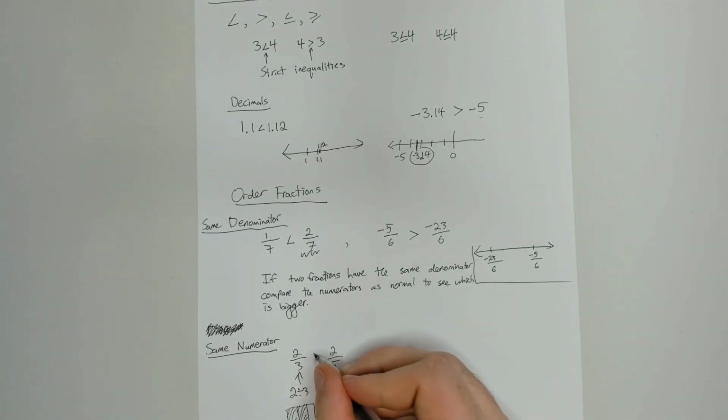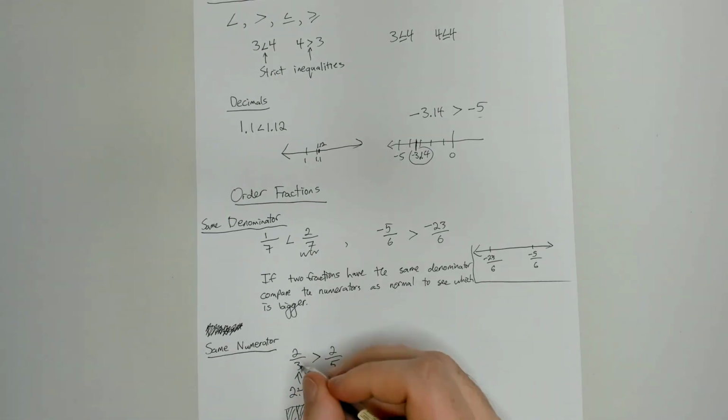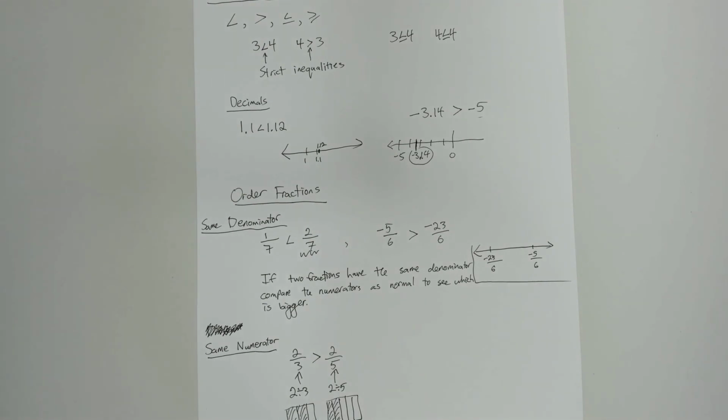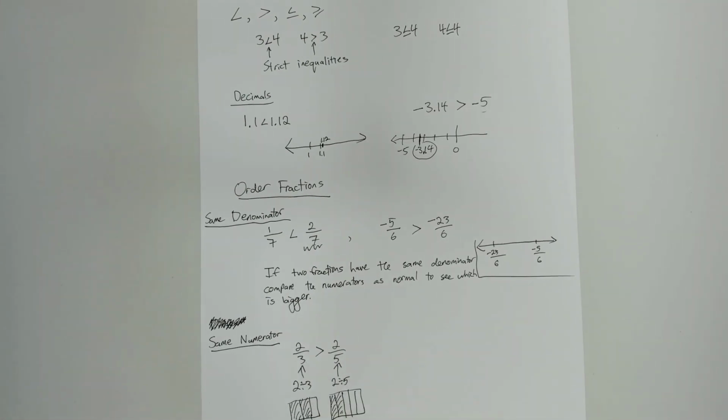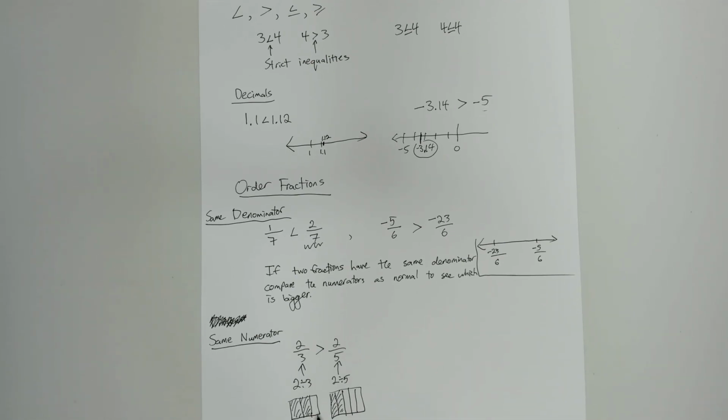So if they have the same numerator, 2/3 is going to be larger because we're dividing by a smaller denominator. A smaller denominator means you're dividing by a smaller amount, which means the pieces are bigger. You split your area among fewer pieces, so each piece has a larger area. We split this area into 3 pieces, and each of those has a larger area than these pieces over here.